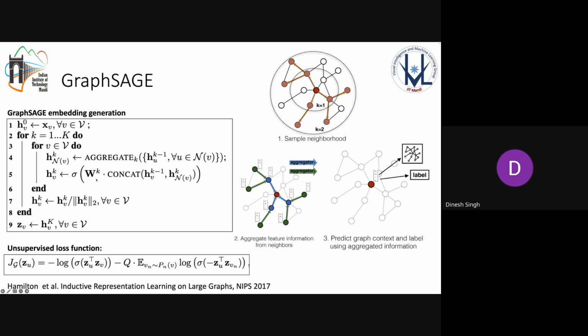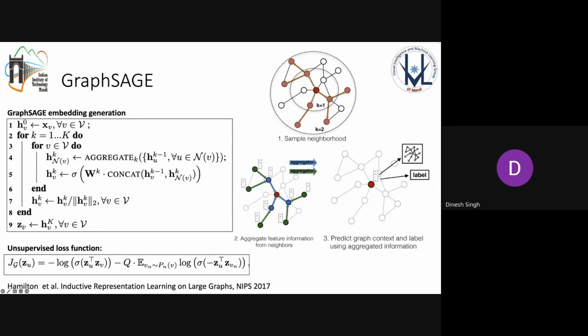Then the weights are linear weights, and then we can apply whatever activation function we want to use, either sigmoid or ReLU or tanh or any other activation function. At the end you get your Z vectors. Now you can define your loss functions.